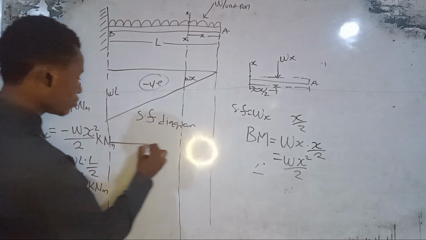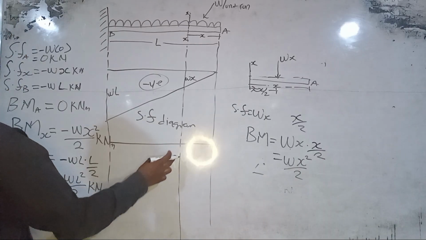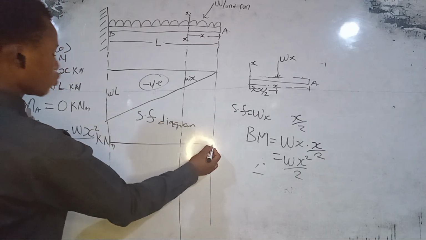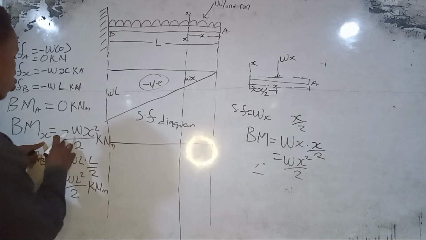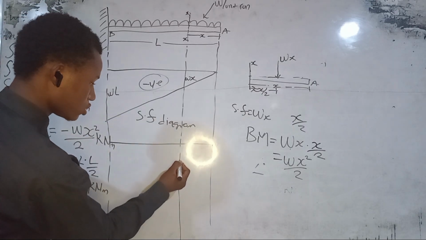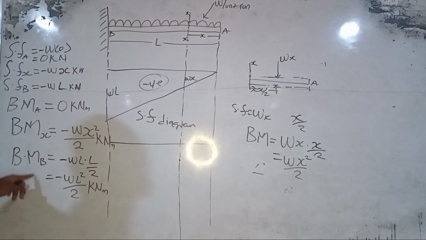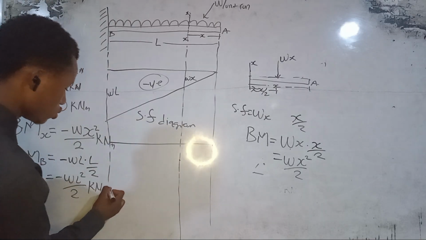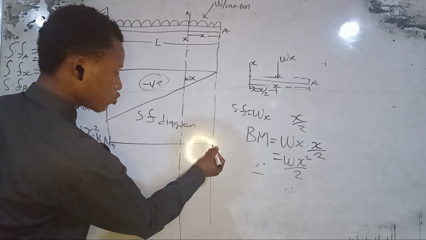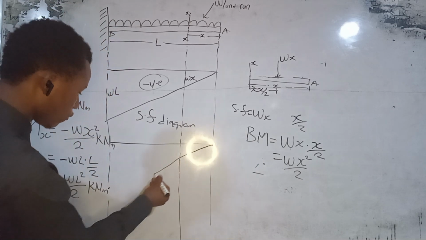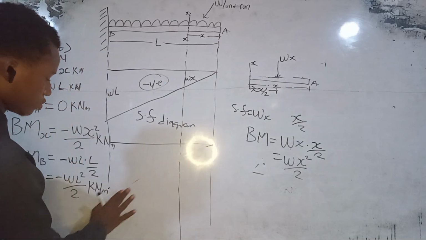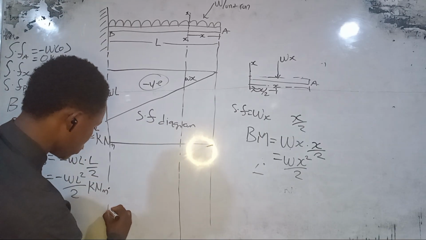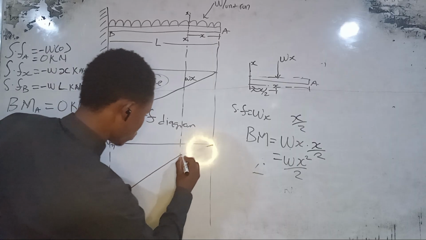Then for the bending moment diagram, the bending moment at A is 0. The bending moment at X is minus W x squared over 2, which is this point here, and the bending moment at B is minus W L squared over 2. This one will be a parabolic curve, it will be something like this.